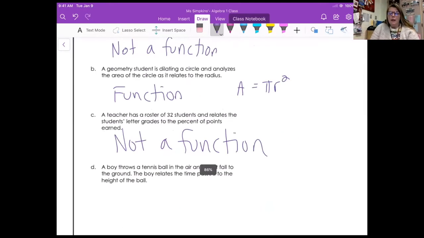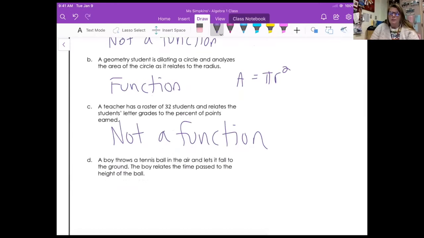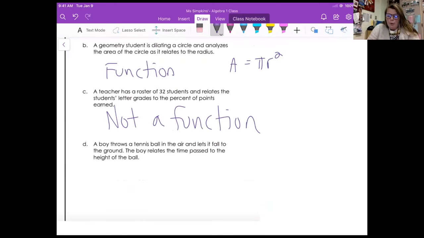Okay, and the last one, I'm going to have you sketch a picture before we answer if this is a function or not. So a boy throws a tennis ball in the air and lets it fall to the ground. So when I say throw, I don't mean like straight up in the air. I mean like throw it. If you throw a ball, I just want you to show me the path of the ball, sketch what it would look like if I threw a ball and it hit the ground. Draw it. It depends on who's throwing the ball, because some people don't know how to throw.